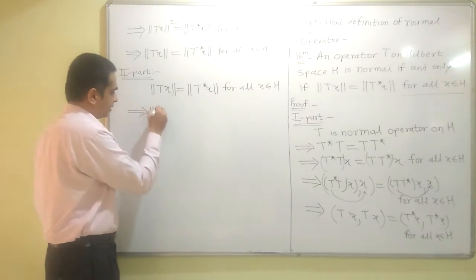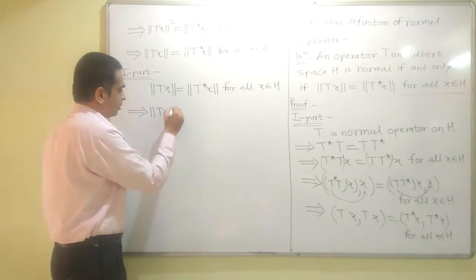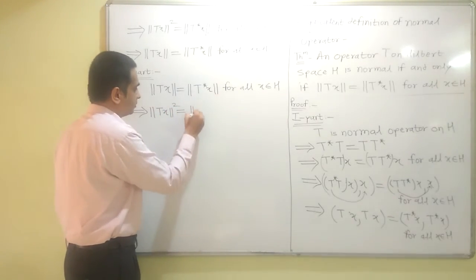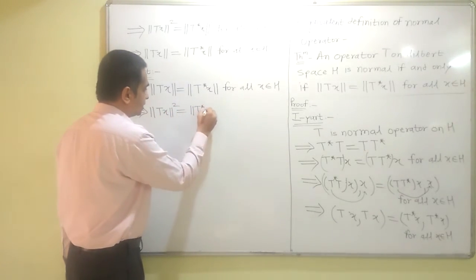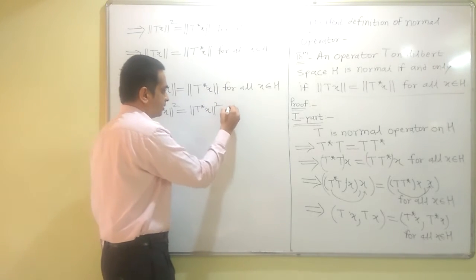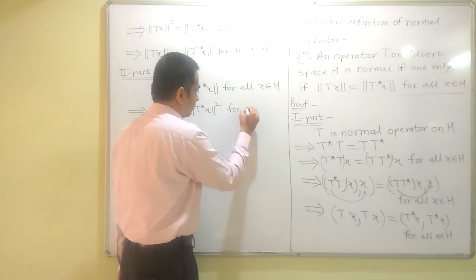So this implies norm of Tx square is equal to norm of T star x square for all x belongs to H.